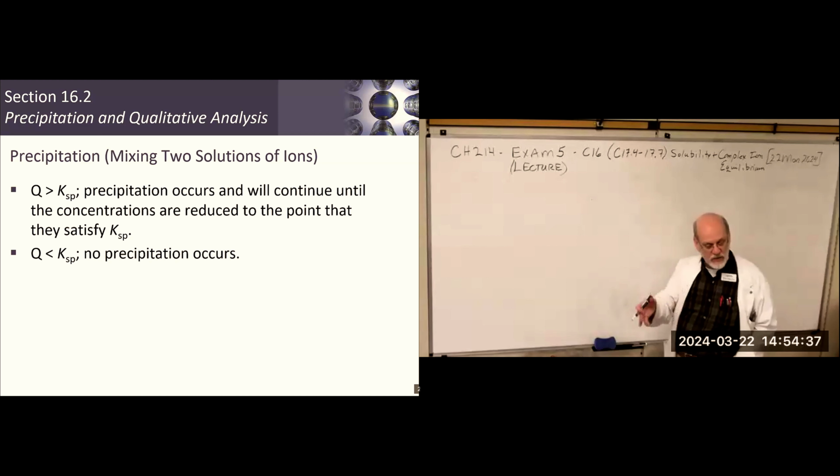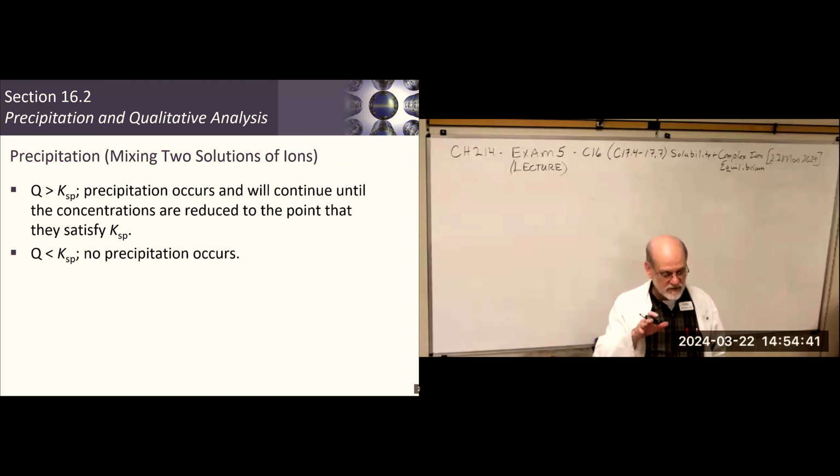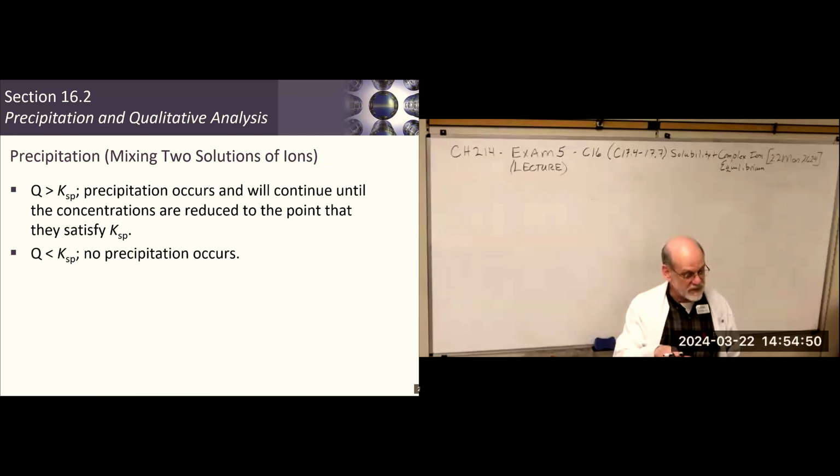If we compare that Q to the KSP, then the precipitation occurs until the concentrations are reduced to the point that they satisfy the KSP. So if the Q is greater than KSP, you will expect a reaction to give you a solid precipitate. If the Q is less than KSP, no precipitate forms.